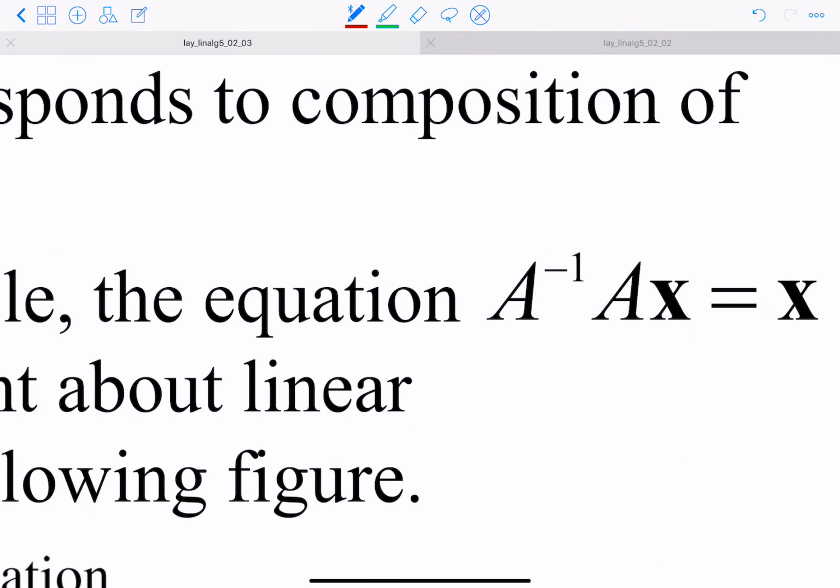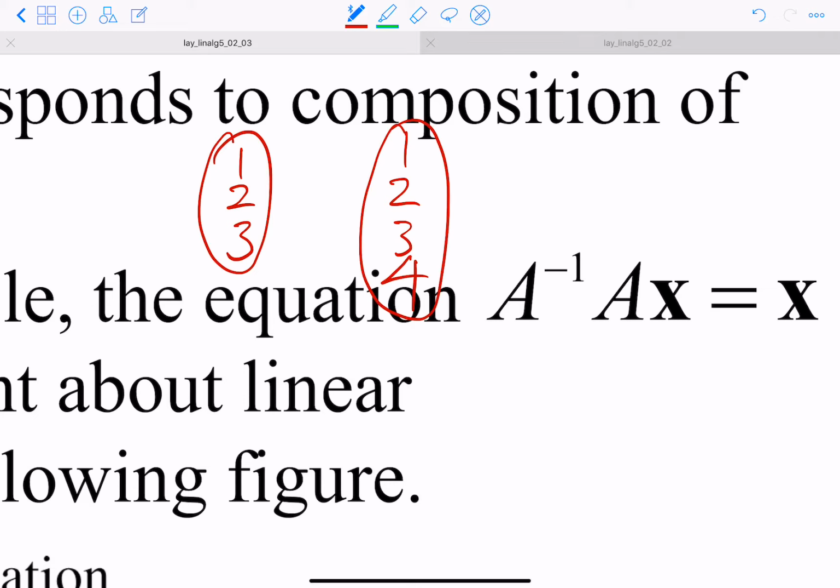Okay, so in order to be able to define the inverse transformation, take for example 1, 2, 3 mapping to 1, 2, 3, and for example 4. In this case, it clearly does not satisfy both onto and 1-to-1, right? The inverse mapping cannot be defined, because in the inverse mapping, the roles of domain and codomain are interchanged, right? So this one becomes our domain, and this arrow gets reversed in direction.